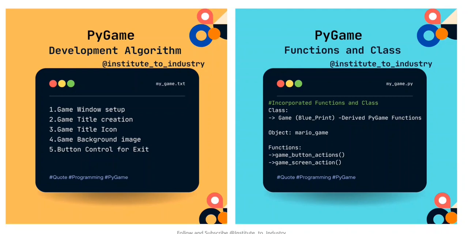I have taken whatever things we required for this particular program. Other than that, I have used two functionalities: game button actions, which covers whatever happens if you press a button, and game screen actions, which covers what things need to be done inside the screen.